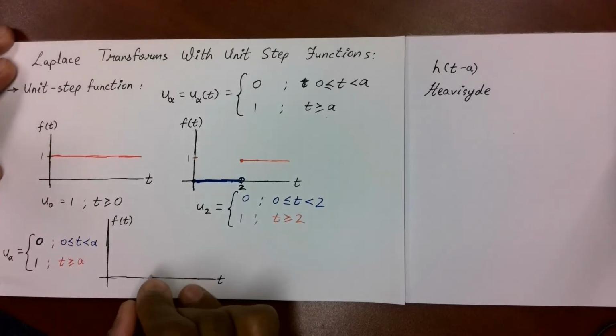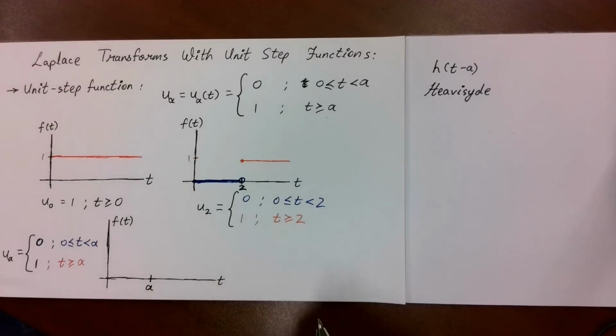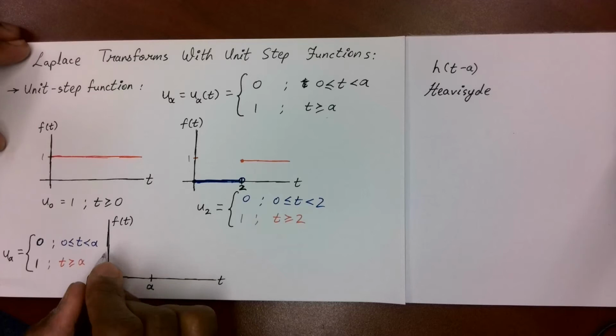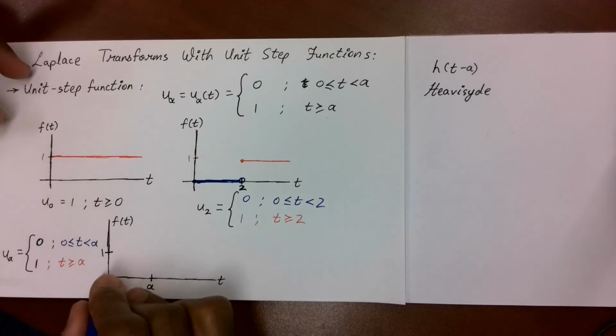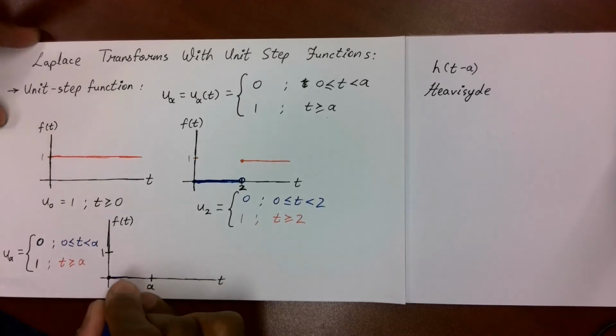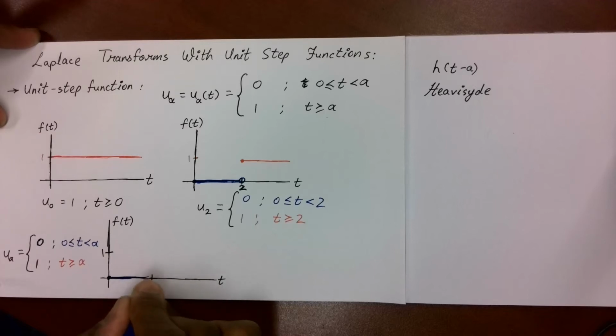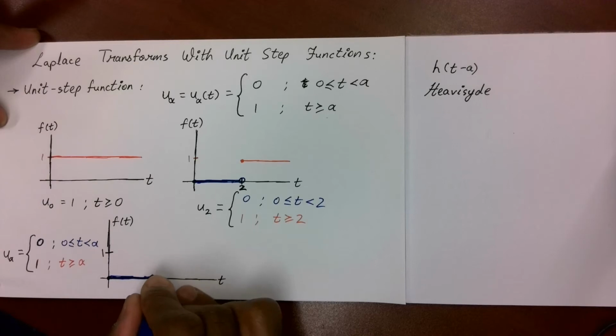Let's suppose that here is my arbitrary alpha, and remember, you can choose alpha to be anything you want. It could be 2, for instance, 0, 1/2, square root of 5, pi, e, any real number as long as it is non-negative. And let's suppose that on the vertical axis here is 1. Then, starting at t equals 0, all the way up to t equals alpha, the function will be this blue horizontal line along the t-axis.